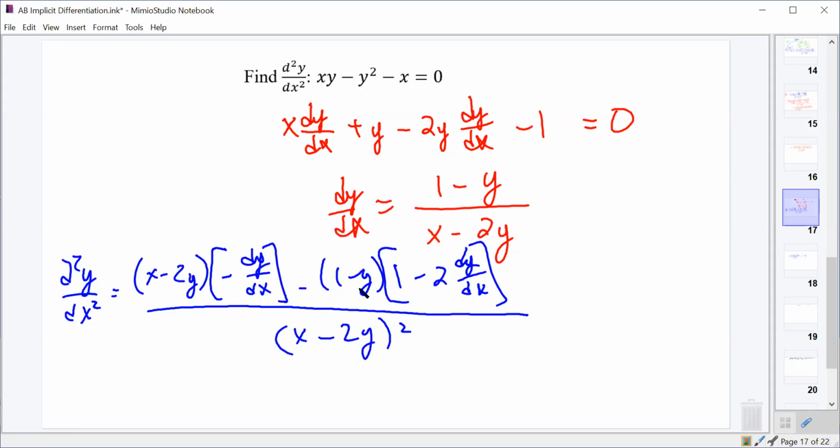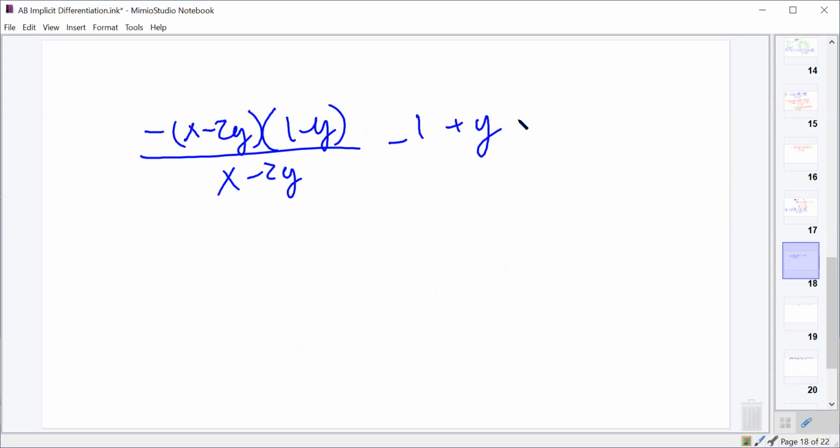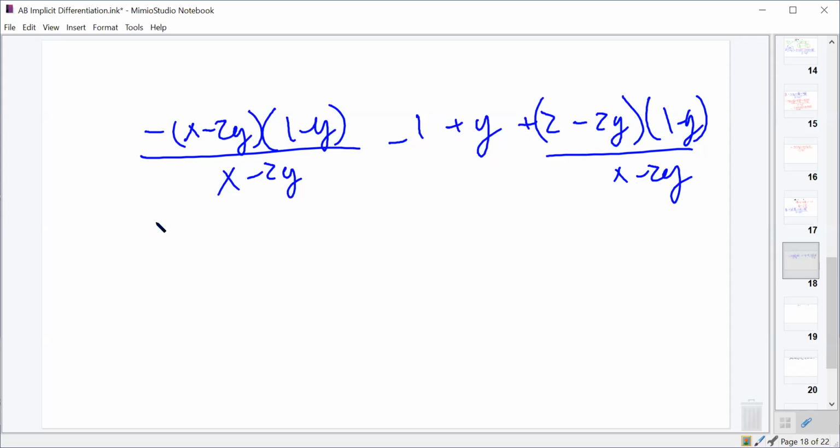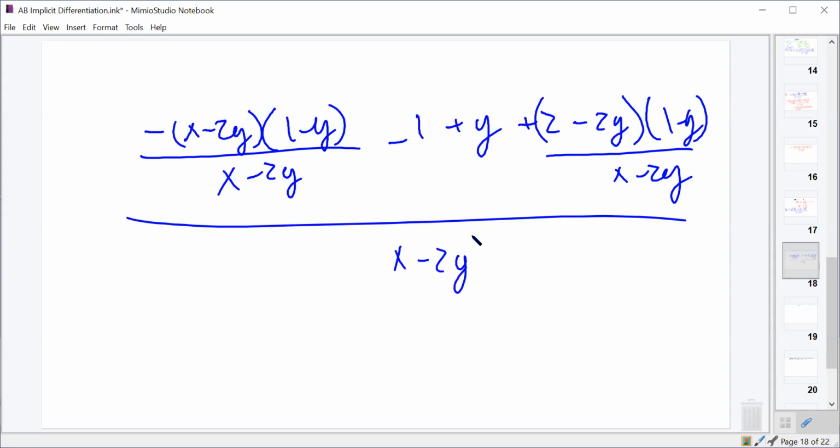And then we're going to have a minus 1 times a minus 2, which is a plus 2 dy/dx. And then we'll have a minus 2y. So a plus 2 and a minus 2y times dy/dx, which was 1 minus y over x minus 2y, all over x minus 2y squared.